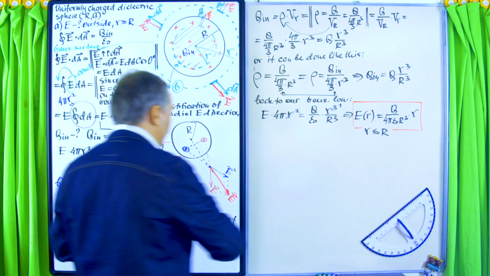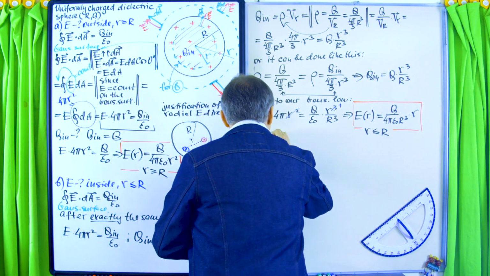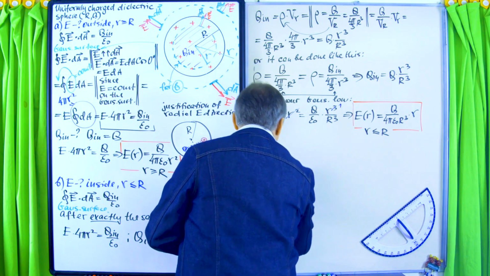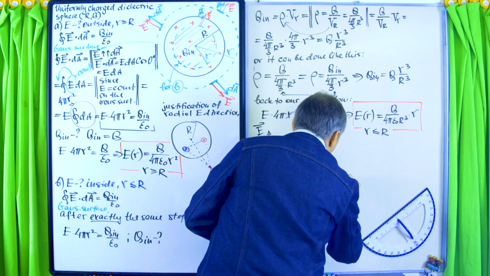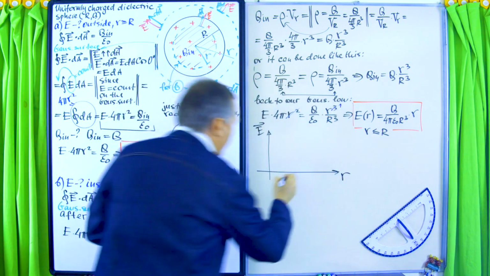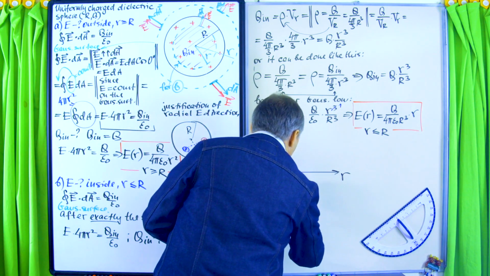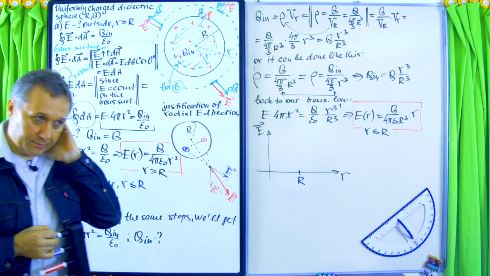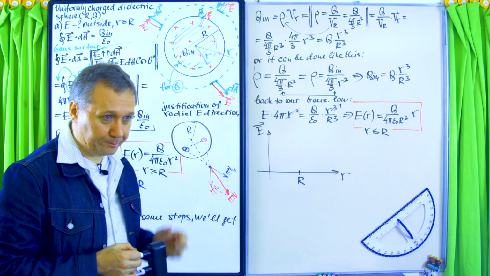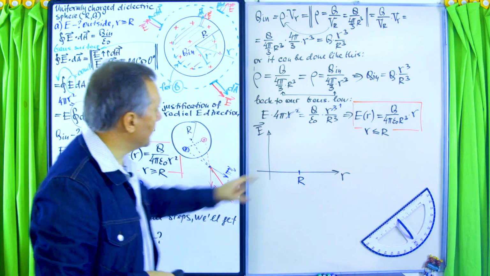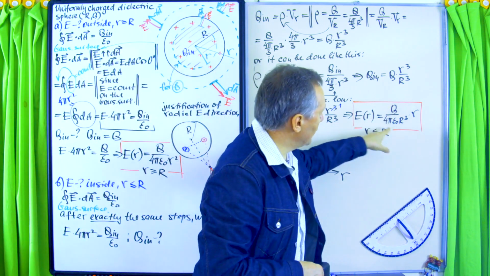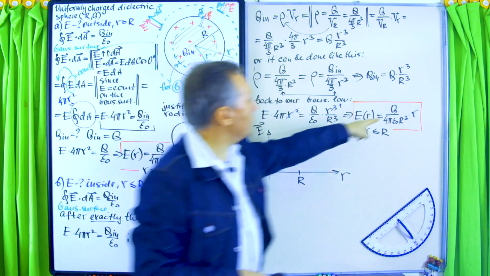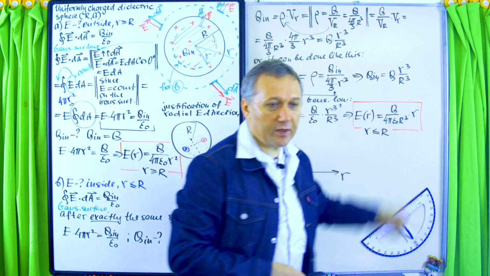Okay, so the last piece: let me just plot how the electric field changes with radius. What if I plot E versus r? And let's say this is the surface of the charged sphere. So inside, this is some constant, if R capital and Q are given, so this will be just some number times the variable r.